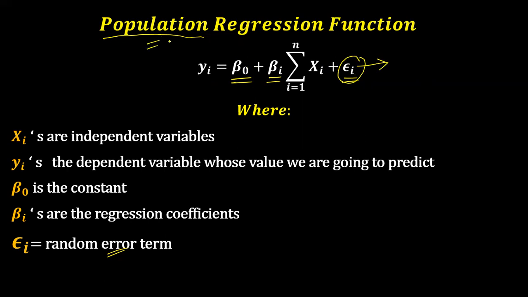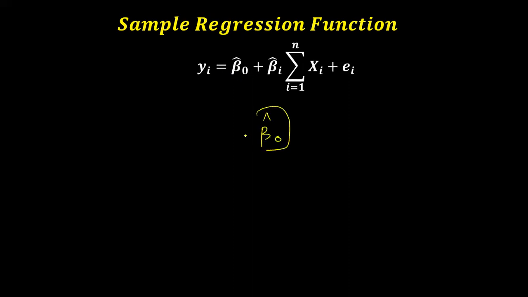Now when we go for the sample, the sample regression function will have yi like this. Note beta naught with a cap here, which means we have calculated the value. For example, y is equal to beta naught plus beta 1 x1 plus beta 2 x2 is the population one.